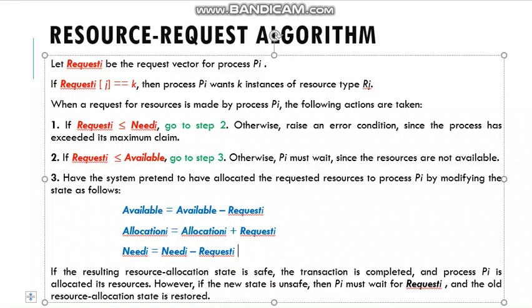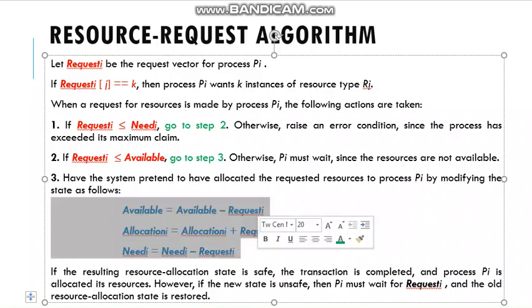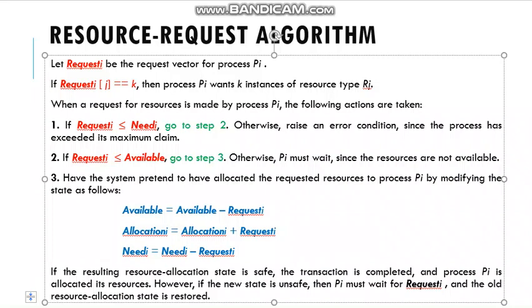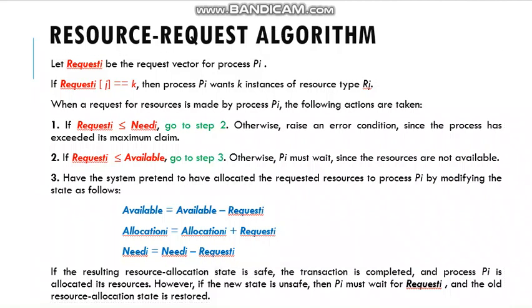So actually we don't need these things now; when we see the example, you will understand how this is working. If at the end we get a safe state, then we can allocate in that sequence. We'll see with one example how this algorithm is applied and how we can get a safe sequence.